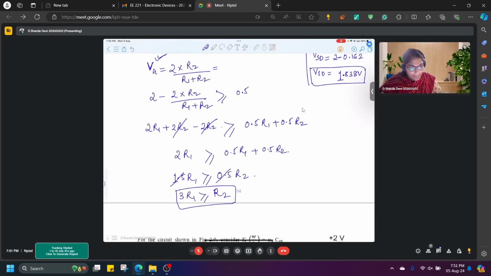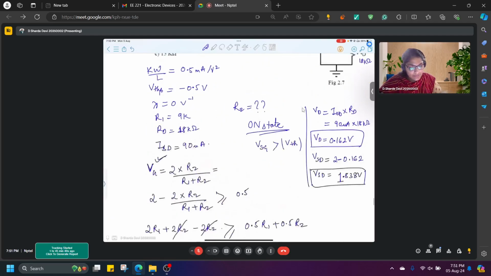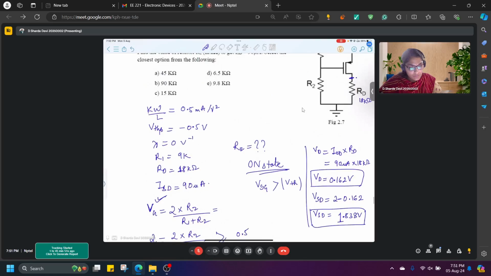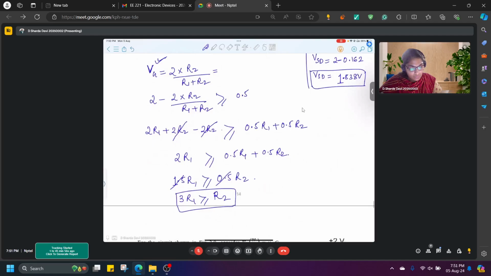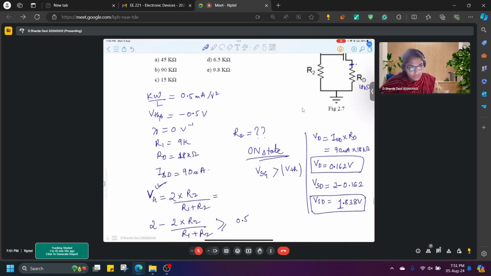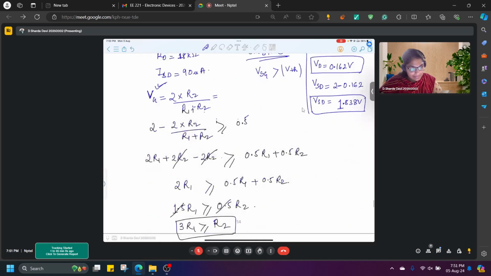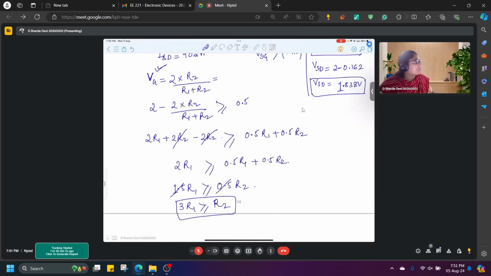So 3 R1, R1 was 9 kilo ohms. So R2 should be less than 3 R1.